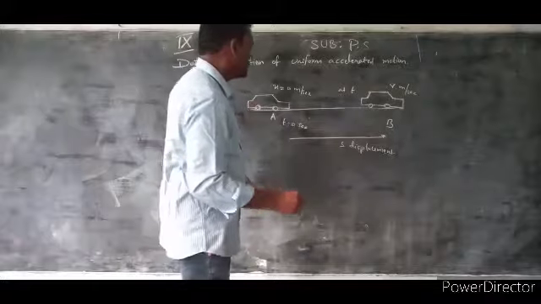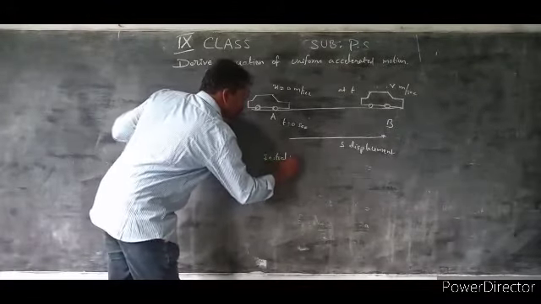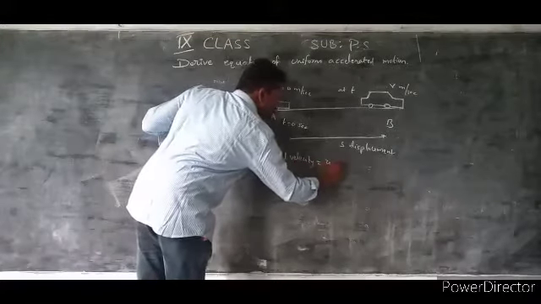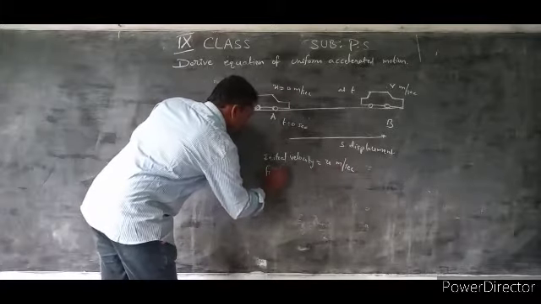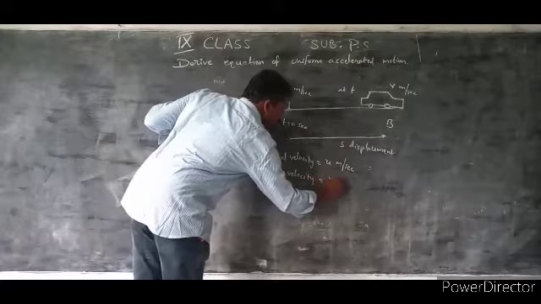Here, u is the initial velocity, that is u meter per second, and the final velocity is v meter per second.